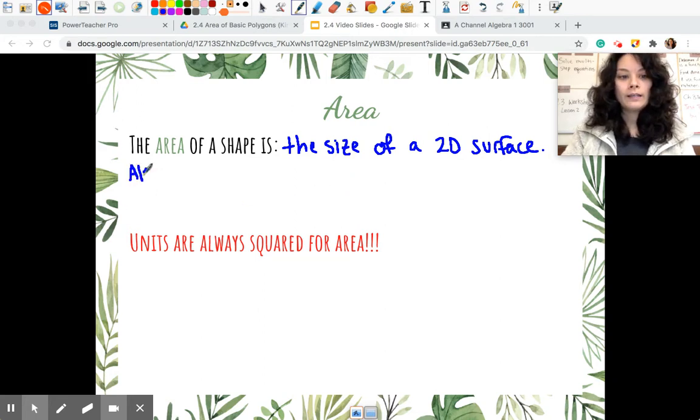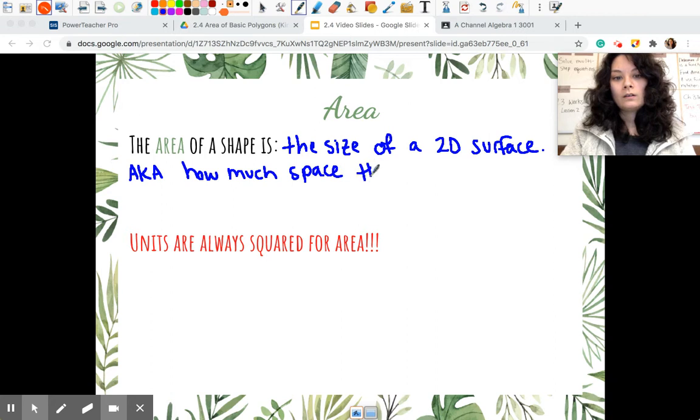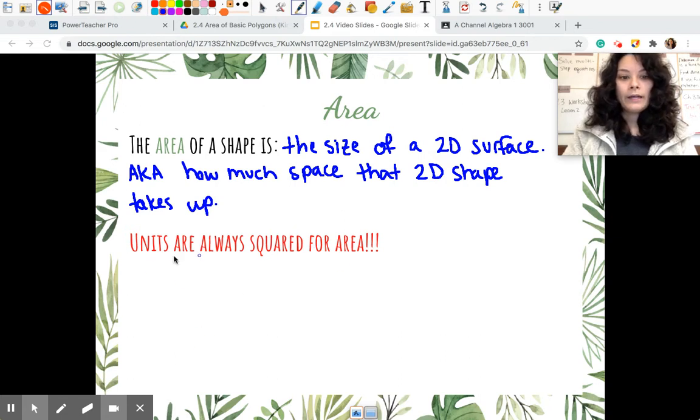AKA how much space that 2D shape takes up. Okay, and something important to keep in mind.